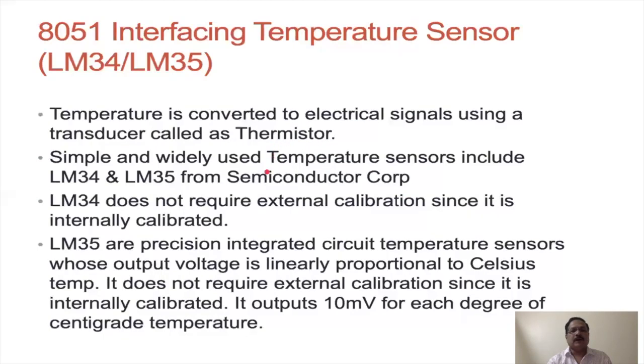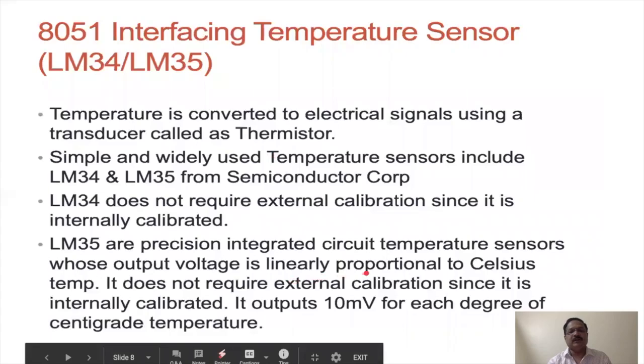The widely used temperature sensors include the LM34 and LM35, because they don't require external calibration, since they are internally calibrated. The LM35 is a precision integrated circuit temperature sensor whose output voltage is linearly proportional to the Celsius temperature.